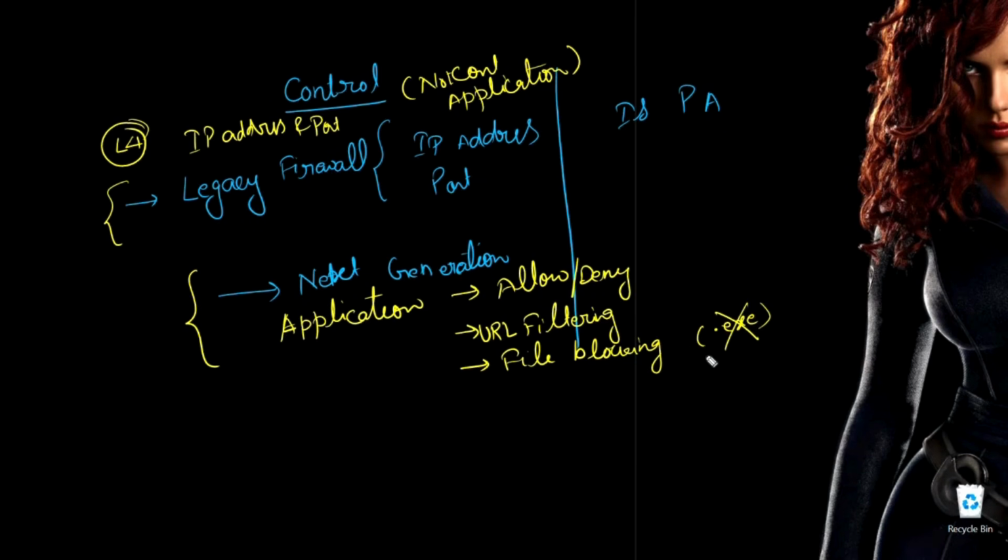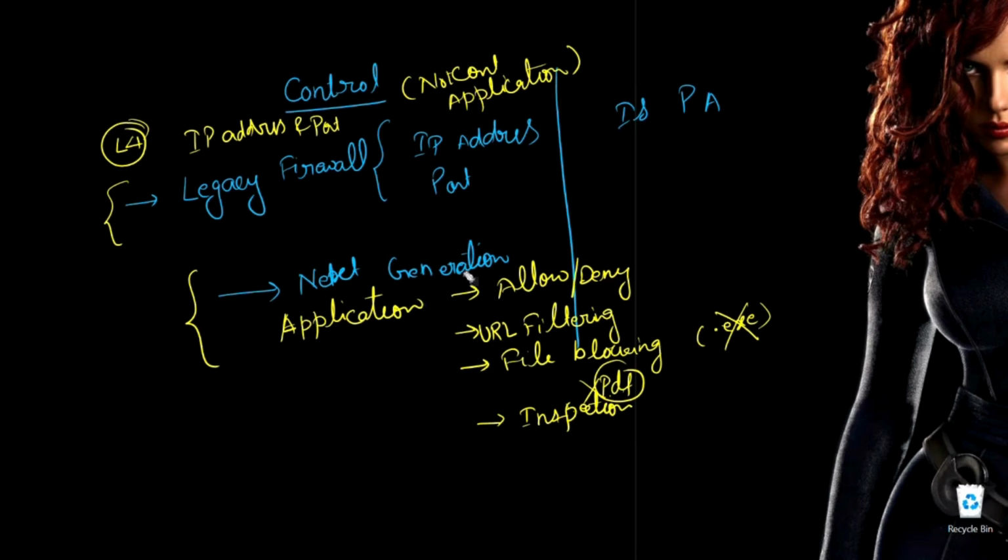Or if your organization wants to, or you don't want to download PDF, you can block PDF, or you can do the reverse, allow PDF only and block the remaining files. There are different file extensions you can do this with. Or you can allow inspection of the traffic in the firewall, right? These types of things it is doing.